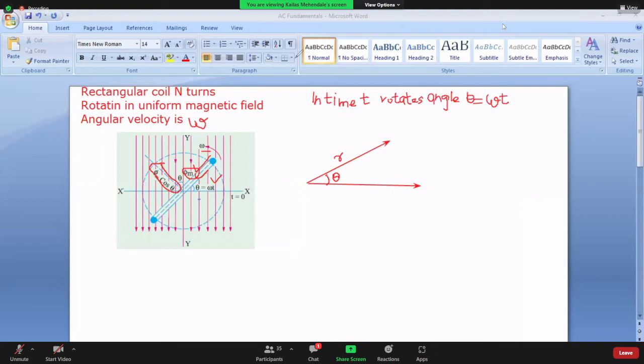One method is that I complete the parallelogram, and this becomes my resultant. So this is one way of finding the resultant.